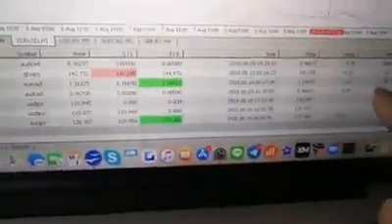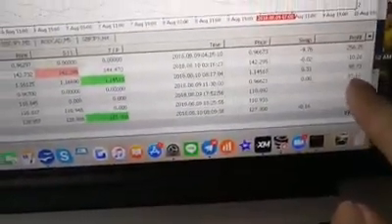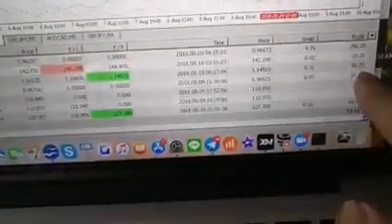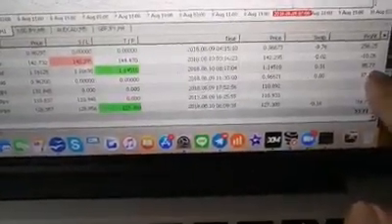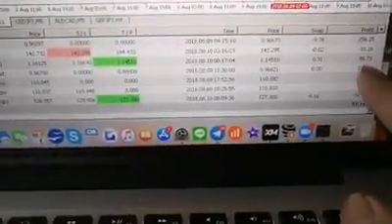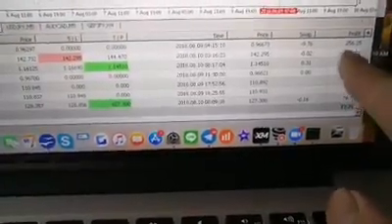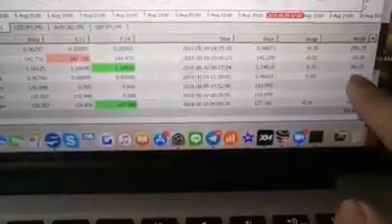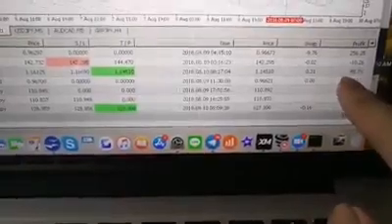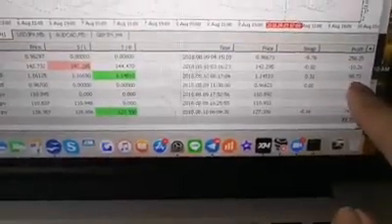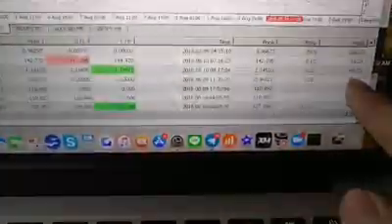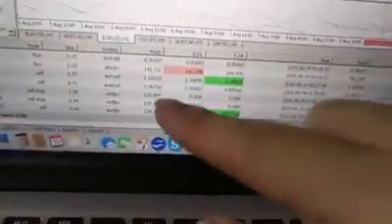It's quite a nice number of pips. Basically, this is a $2,000 account, and the risk on that was about $40, and the return is close to 2.5 times. So that's really nice.